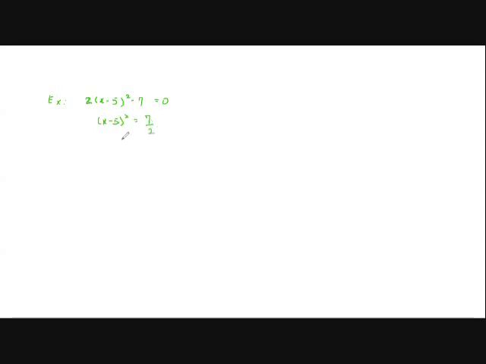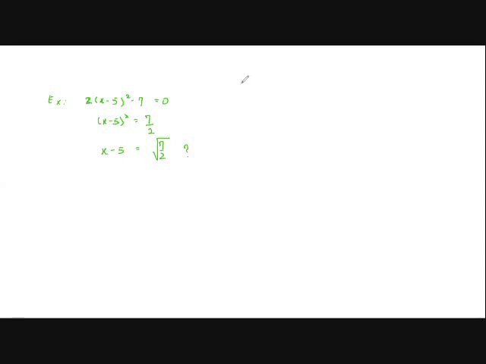Then you raise both sides to the power 1 over 2. You are left with this one, and 7 over 2 becomes a square root right away. Is what I did right here correct? Right or wrong? Wrong.